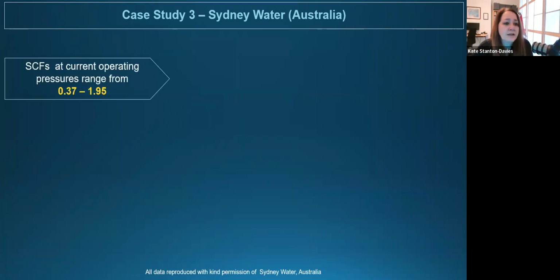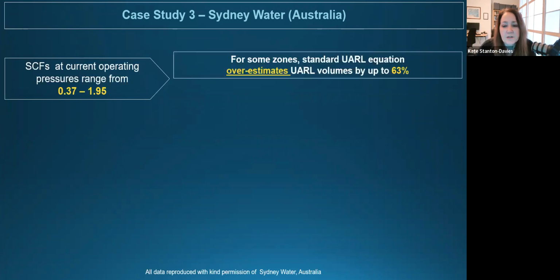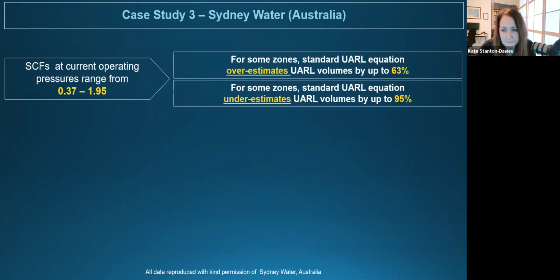So what we saw in Sydney Water were SCFs at current operating pressures ranging from 0.37 to 1.95. For some zones, typically the smaller zones with lower pressures, the standard UARL equation was overestimating UARL volumes by up to 63%.